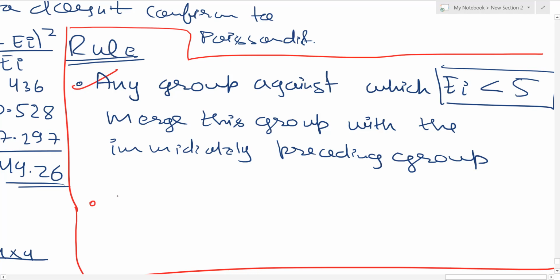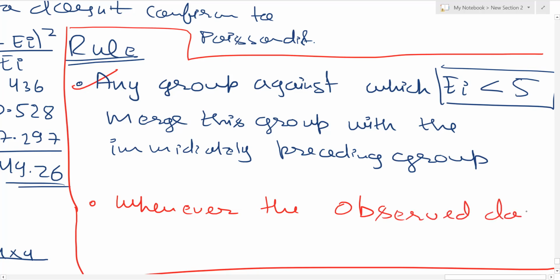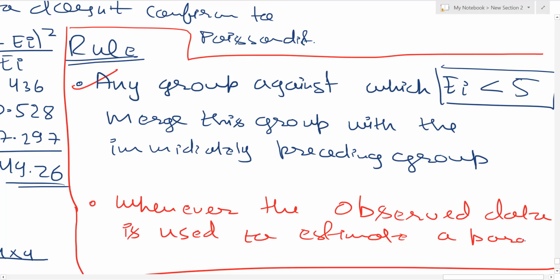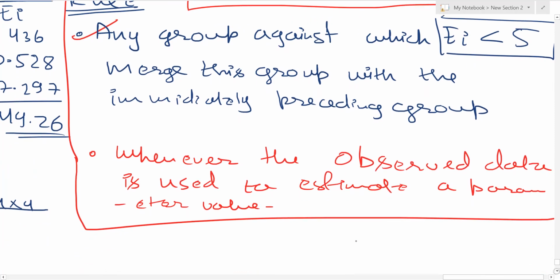The second rule is whenever the observed data is used to estimate a parameter value, one degree of freedom is lost.